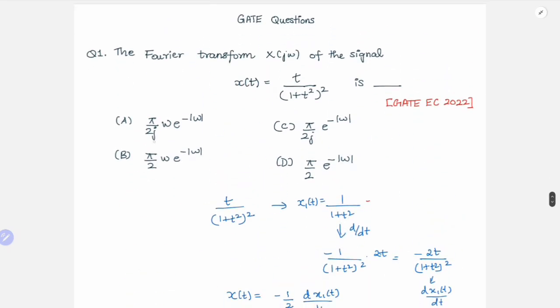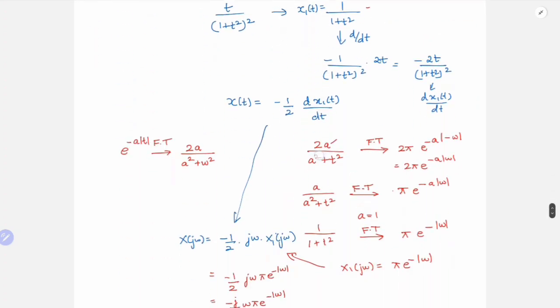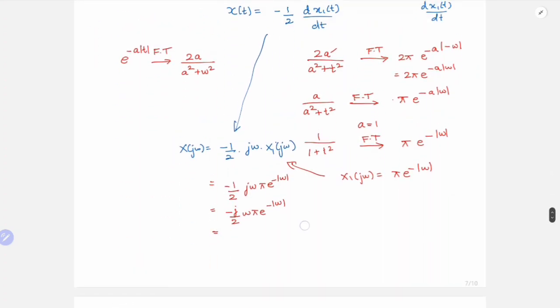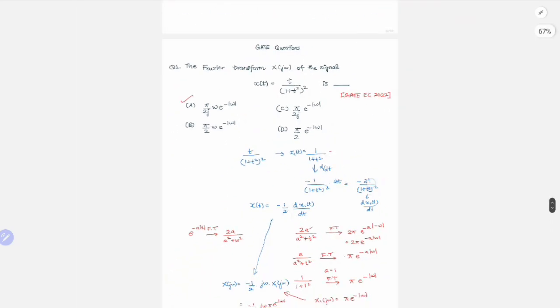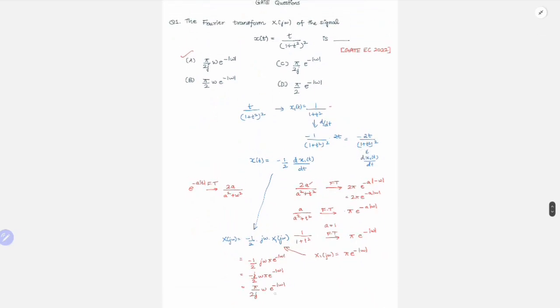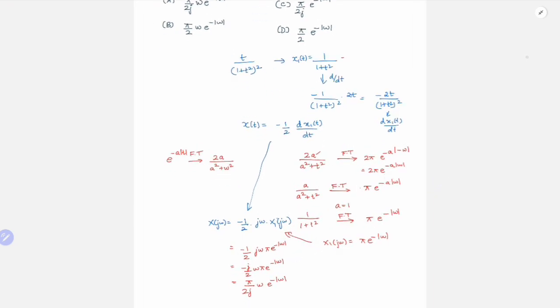So let us try to compare. It is of the form pi by 2j, right? So if I convert to that form, minus j is nothing but 1 by j. So pi by 2j into omega e power minus mod omega, which is option A, right? So you can see pi by 2j omega e power minus mod omega. So option A is the right answer.